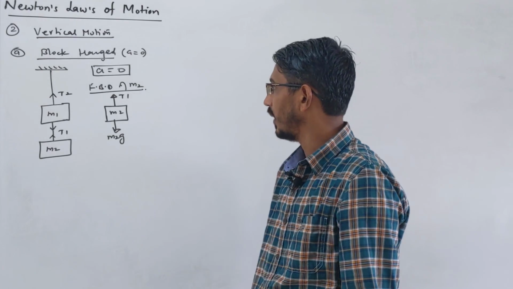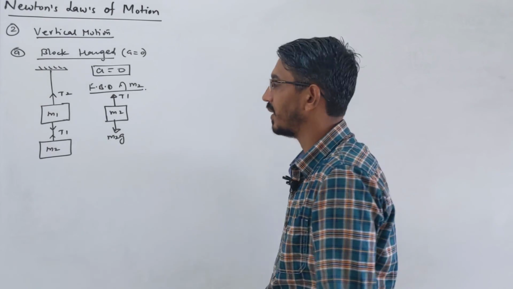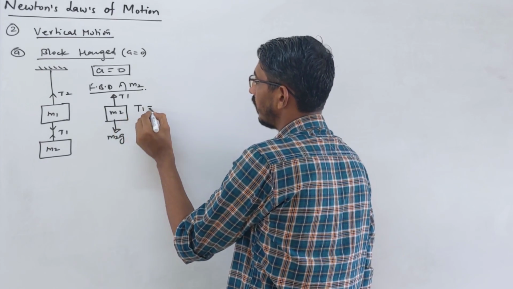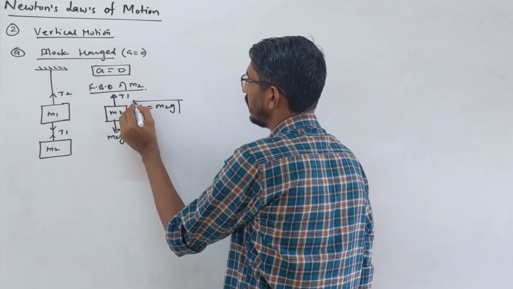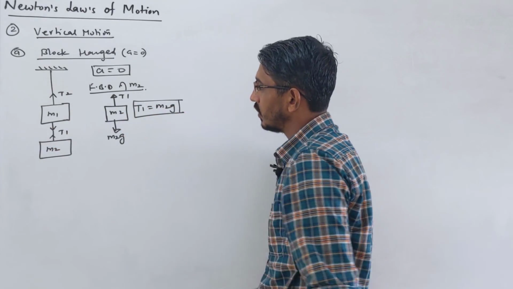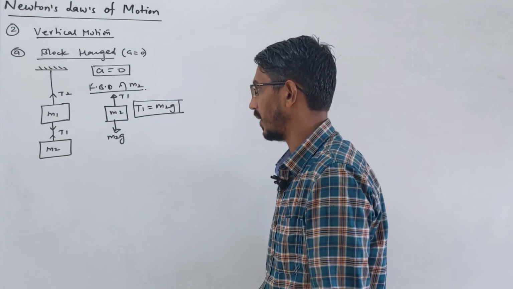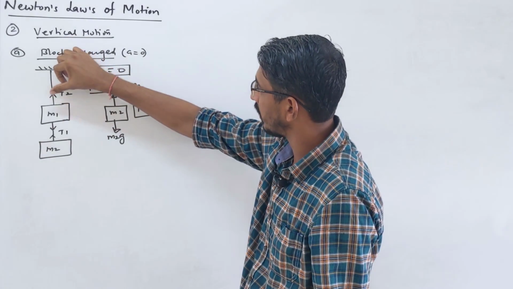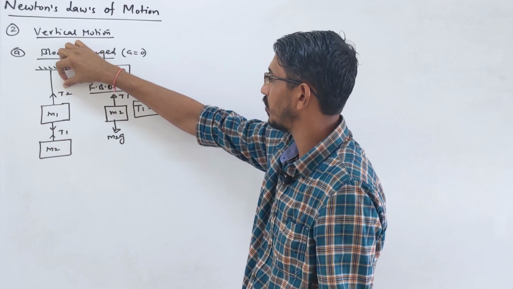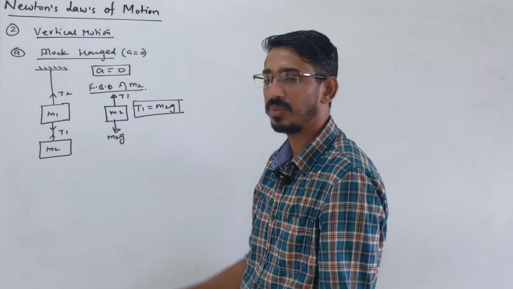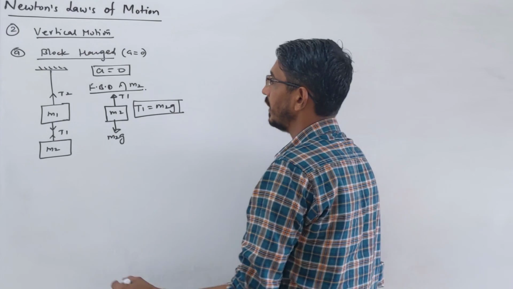It is not moving, it is at rest, so it's not accelerating. So the T1 force is simply equal to M2G. That's the tension in this string. This string is supporting that much weight itself. But you see that the upper string is supporting this weight plus this weight, so the tension there should be equal to the weight of this block plus the weight of this block. That will come. Let's see.